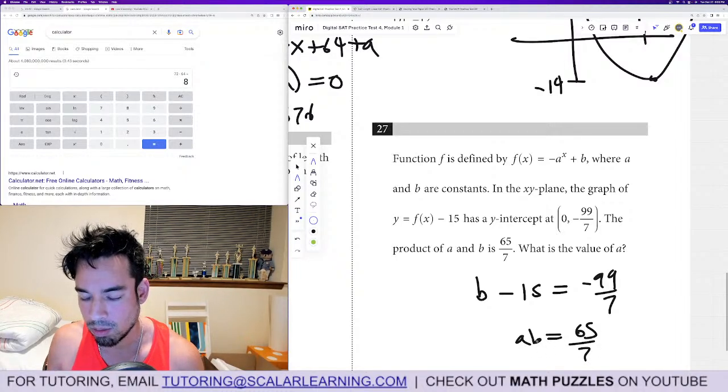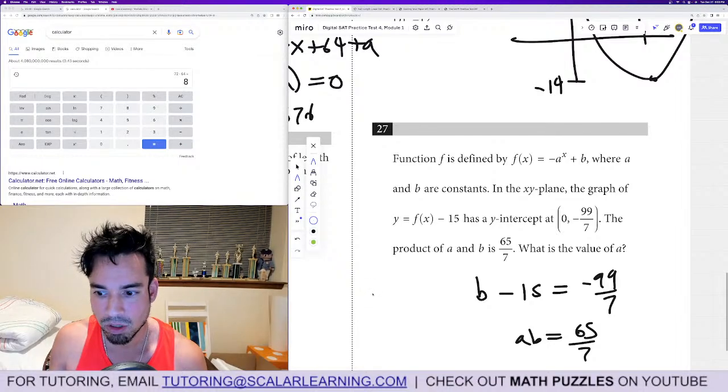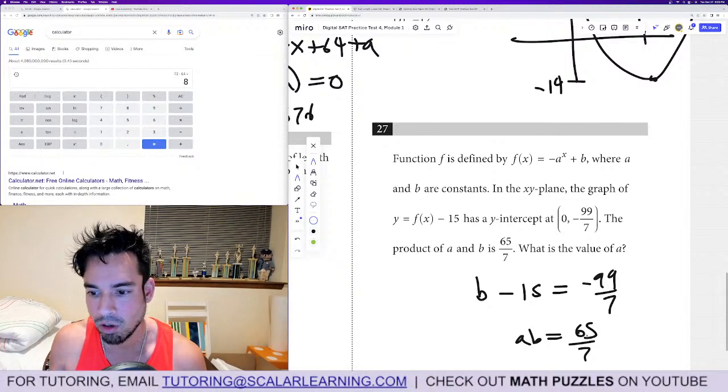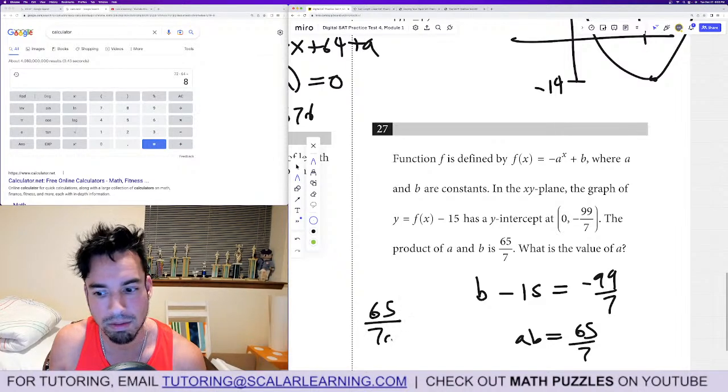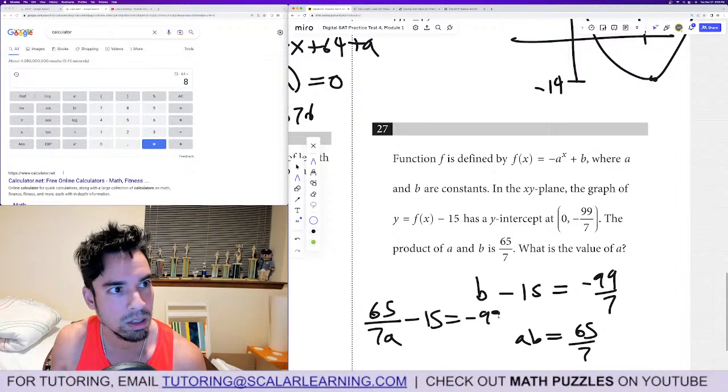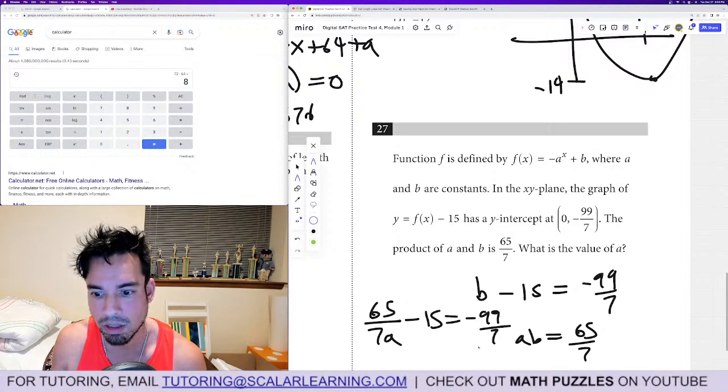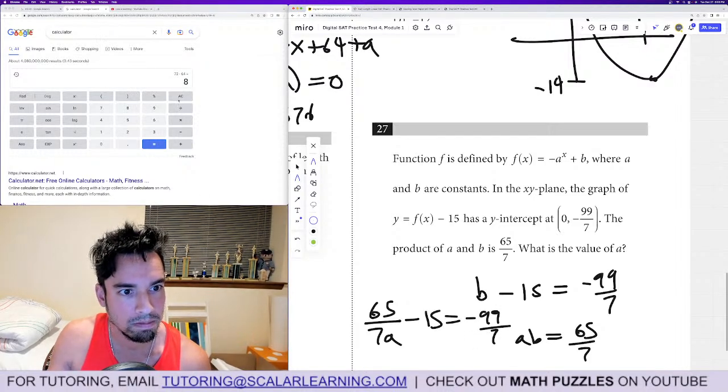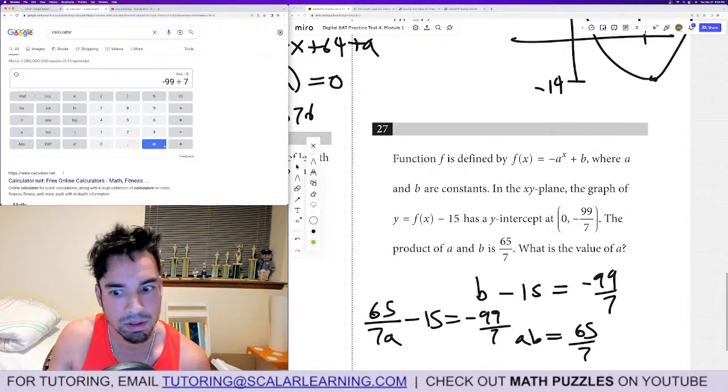Got it. So we're going to substitute. So that becomes 65 over 7b. No, b equals 65 over 7a. I'm dividing both sides by a. Minus 15. Negative 99. How much time? 99 over 7. So let's use a calculator. Negative 99 over 7 equals plus 15.